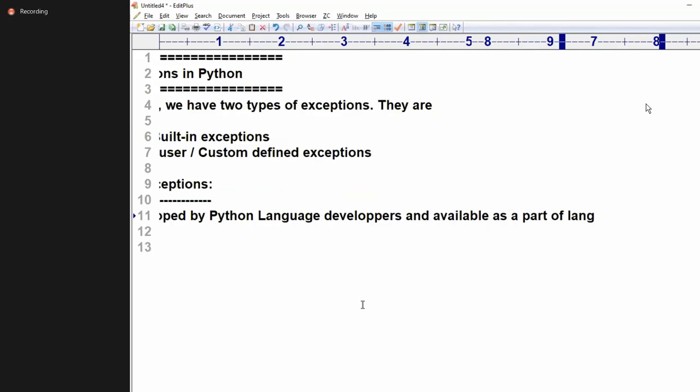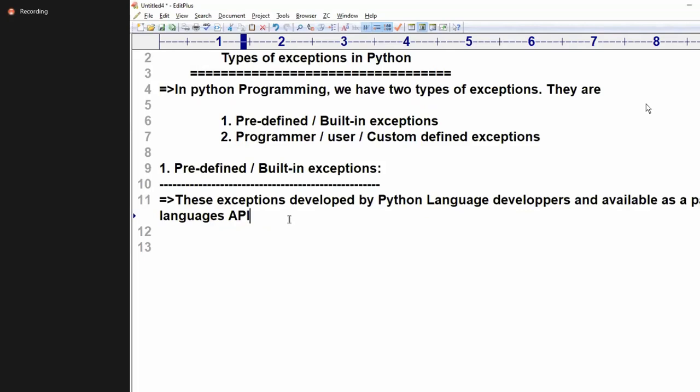Available as a part of the language API. And they always deal with universal problems. This word is important. Deals with universal problems. Sir, what are the universal problems? Not universal purpose, universal problems. Problems are nothing but exceptions.